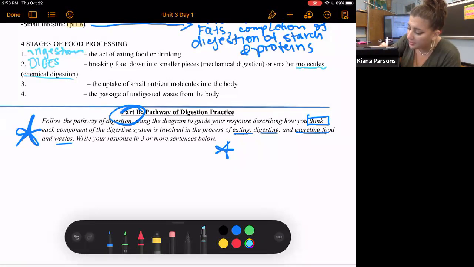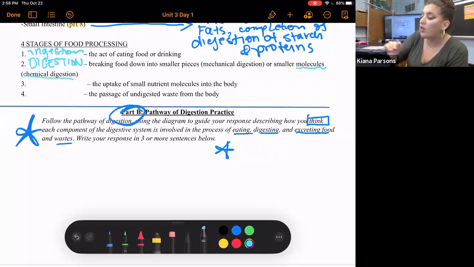So both types of digestion involve a change to the object, but mechanical digestion doesn't necessarily mean the chemical change has occurred, doesn't necessarily mean the structure of the compounds within the molecules that you're eating have changed. They're just in smaller pieces, as compared to chemical digestion, which implies that there has been a change that occurs at the molecular level. Number 3 is the uptake of small nutrient molecules into the body. So that's absorption, and that happens in the small intestine.